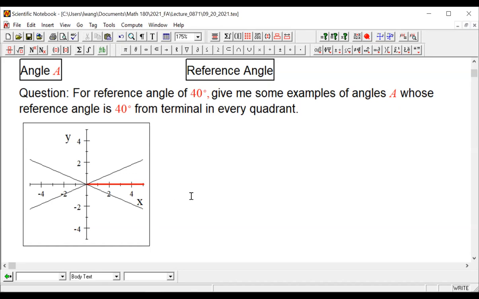Does everybody understand the question? Each one of you needs to come up with 4 angles, terminating on each quadrant. You can go around and around as many times as you want. You can do positive, you can do negative.